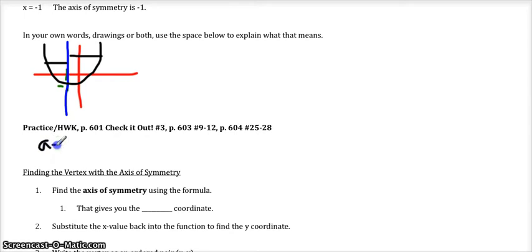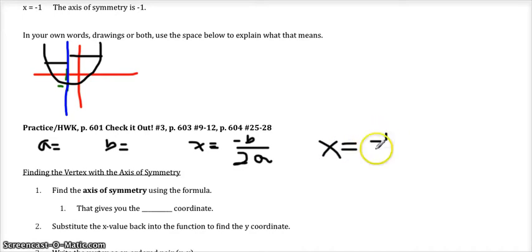Remember, you need to find your a and your b, and then using your formula, x equals negative b over 2a. What did you get for an answer there? We should be getting x equals negative 1/4.